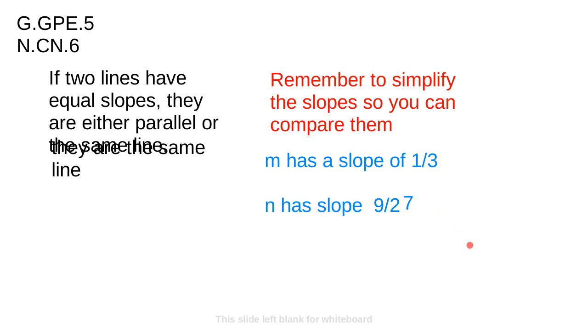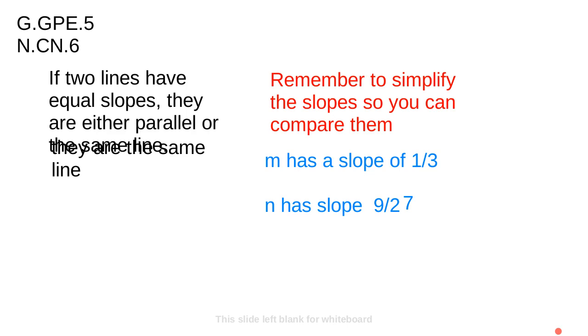That's a good conclusion. I'm going to have to make this a whole lot bigger, because if I don't, I won't be able to type anything. Okay. What can be determined about distinct lines M and N?